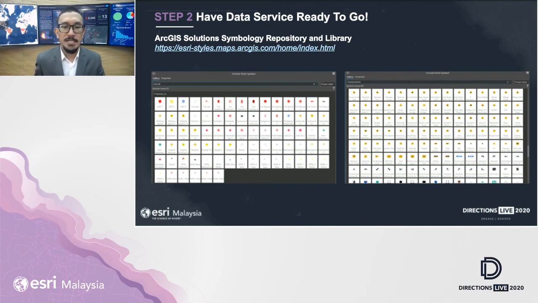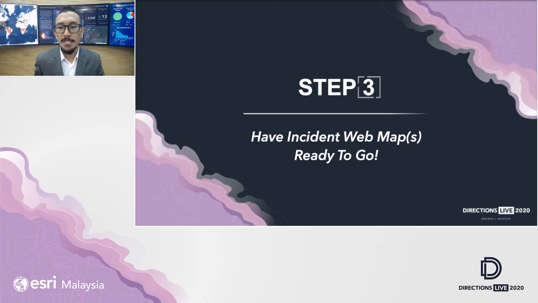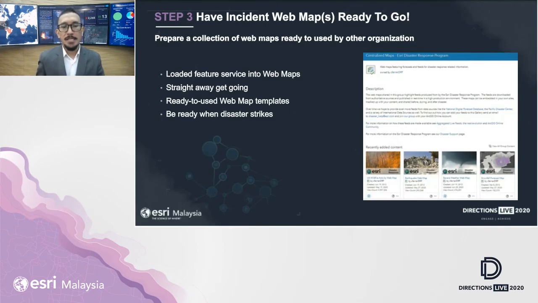Step 3 is to have an incident web map ready to go. Basically, it is having the feature service that you created in the second step loaded into a generic incident map template that's ready to go. This is something that you don't want to have to spin up when the disaster strikes, so you can get going straight away.